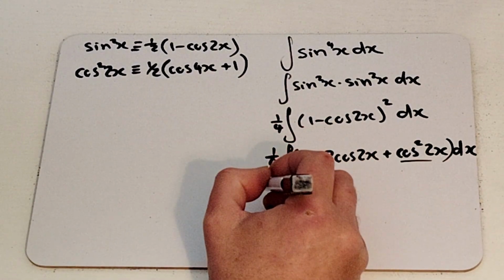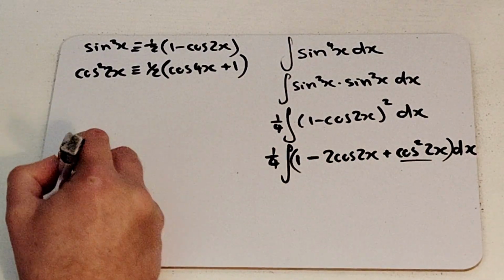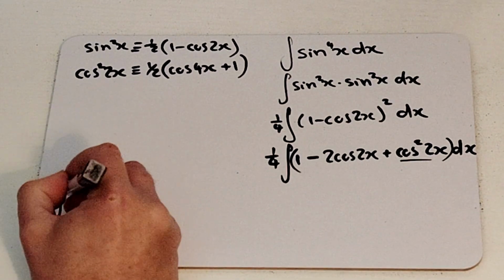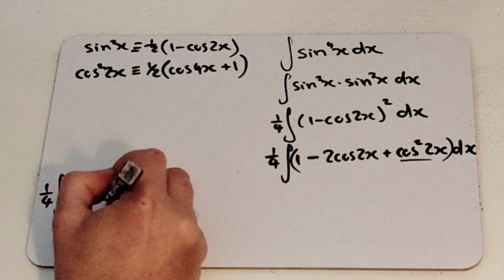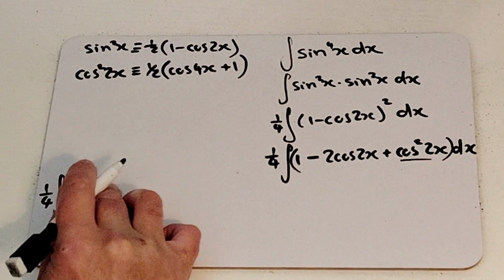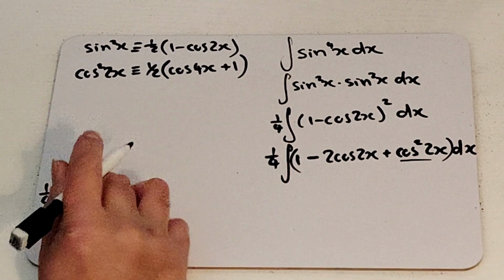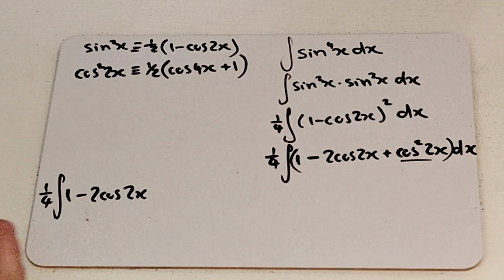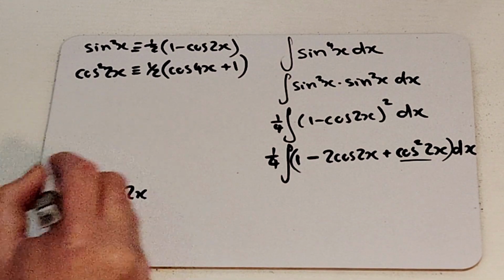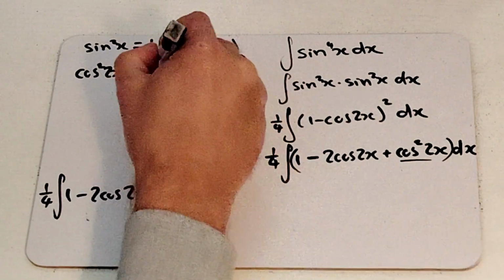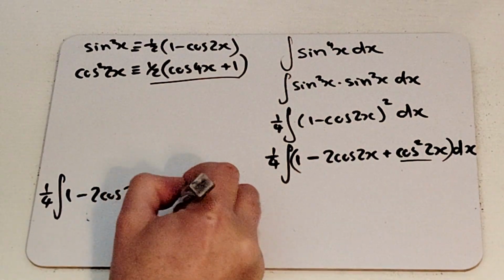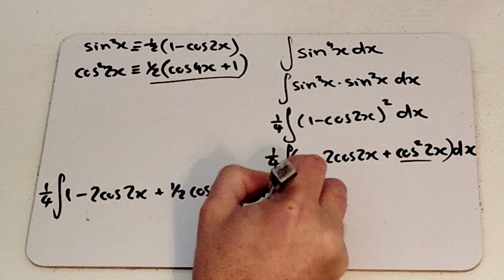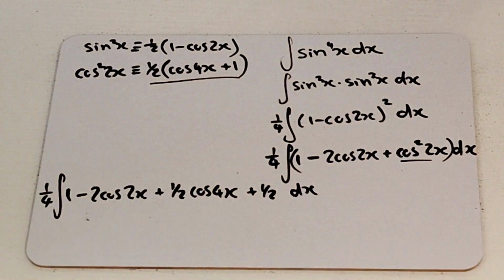That comes from the double angle identity for cos x, or cos 2x in this case. So we're going to replace that. I'm going to move my integral over here because it's getting quite long to deal with. So I've got a quarter, 1 minus 2 cos 2x. Let's put a c in cos, that's probably a good idea. Now I'm going to replace cos squared 2x, expanding this out, with plus a half cos 4x plus a half dx.